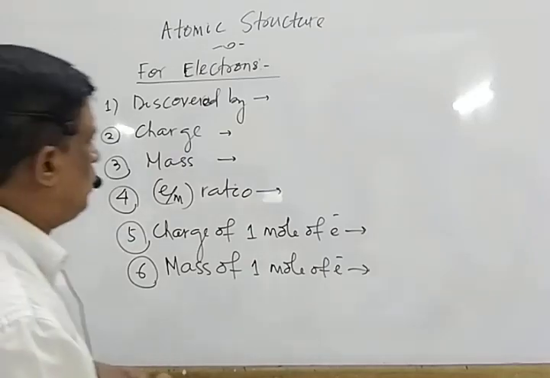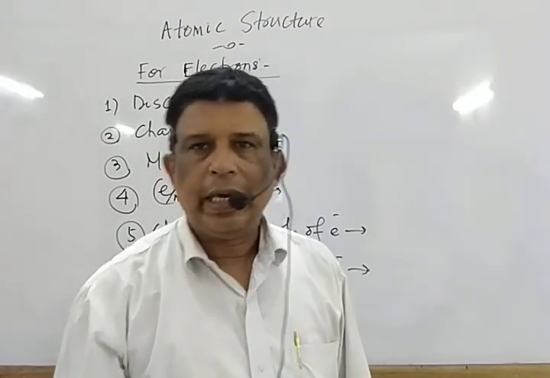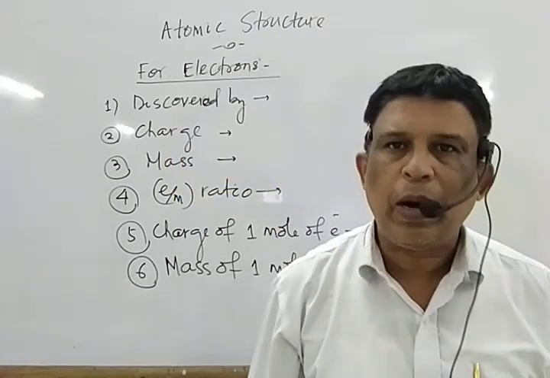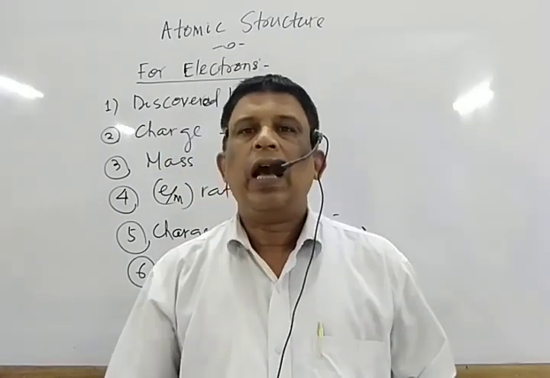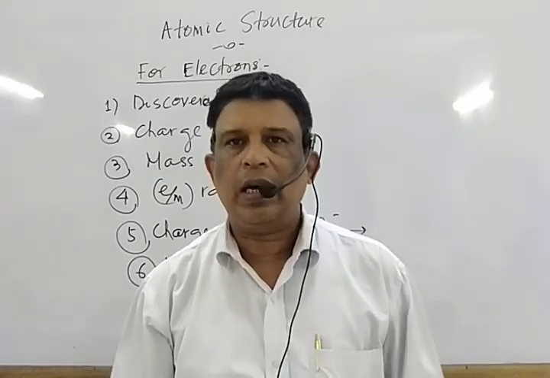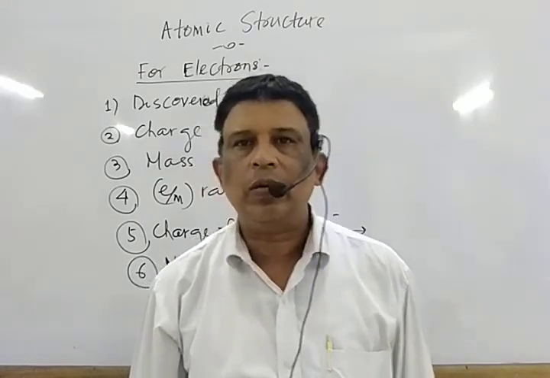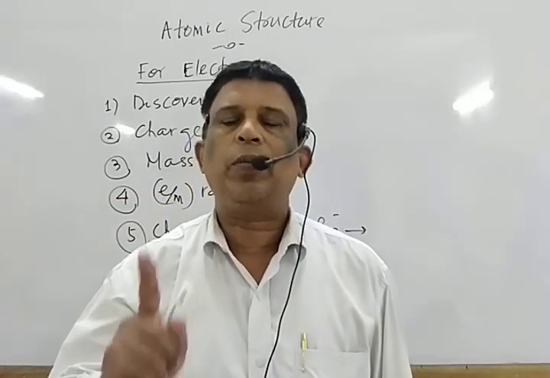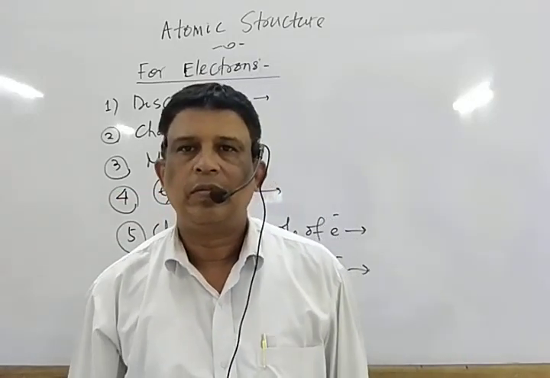Before going to this, let us recap what is an electron. Electron is a subatomic particle having unit negative charge and mass equal to 1 by 1836 of the mass of a hydrogen atom. Mark that.